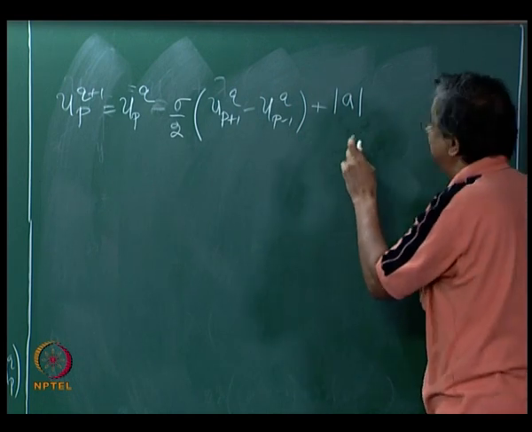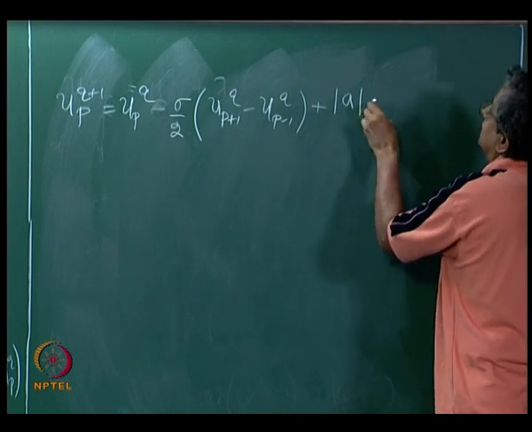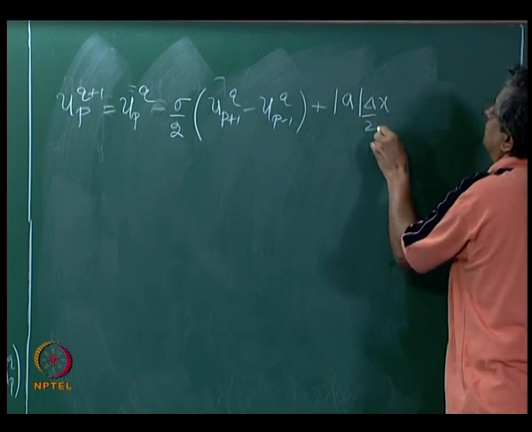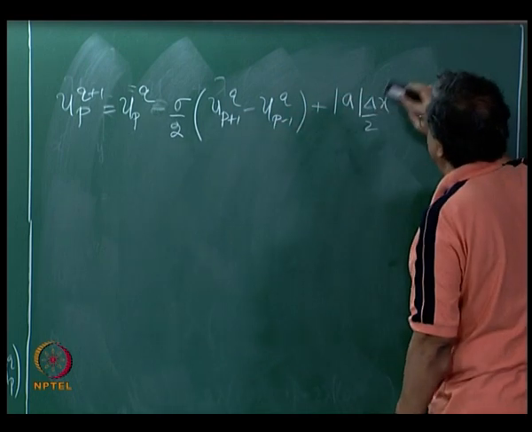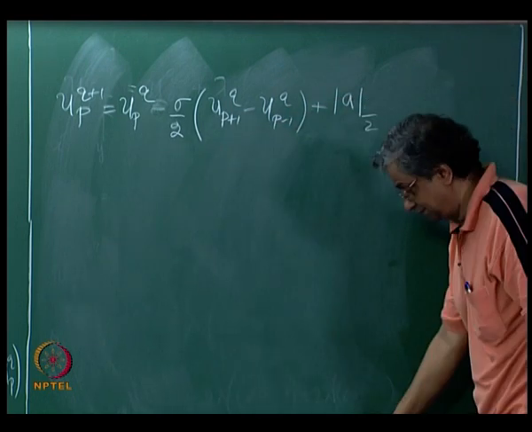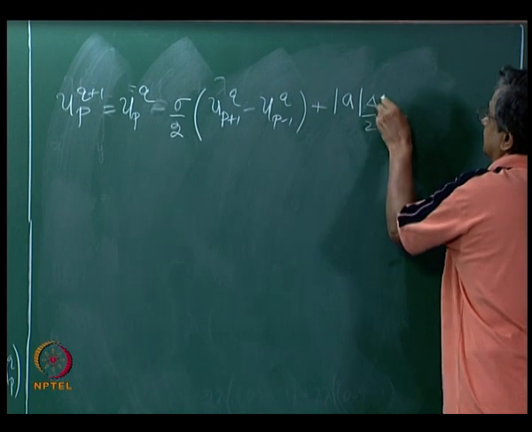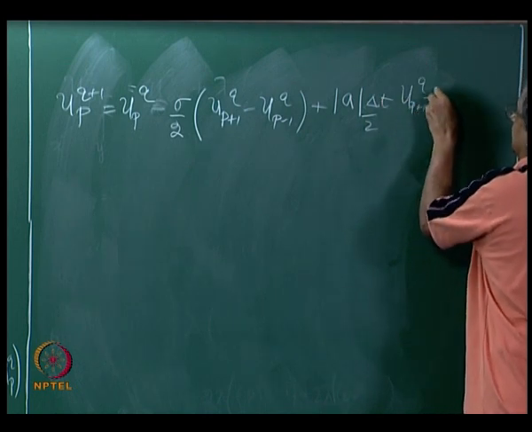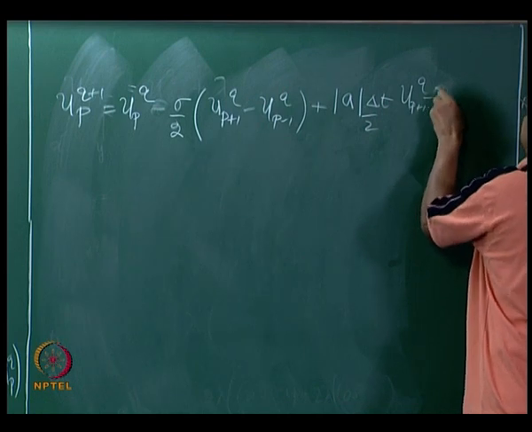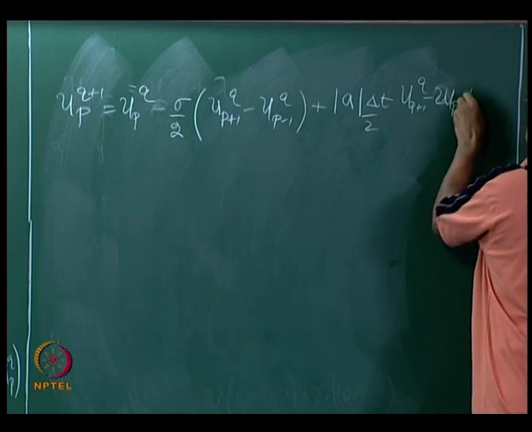I will add mod A, right, delta x by 2 times the second difference, I do not want the continuous thing, UP plus 1Q minus 2 UPQ plus UP minus 1Q divided by delta x. You can go check this from your last class.